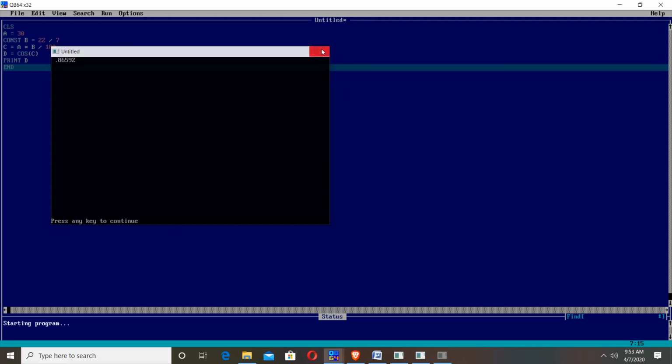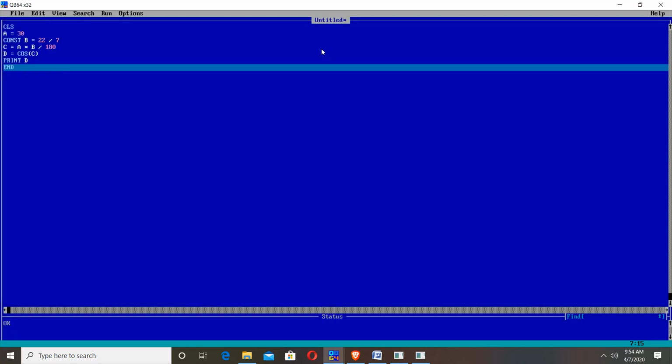So the sine, cos and tan functions are used to find the value for the given angle. But remember, that should be converted into radians, and to convert that into radians, we have to multiply the given number by pi/180, where pi is assigned as a constant term.